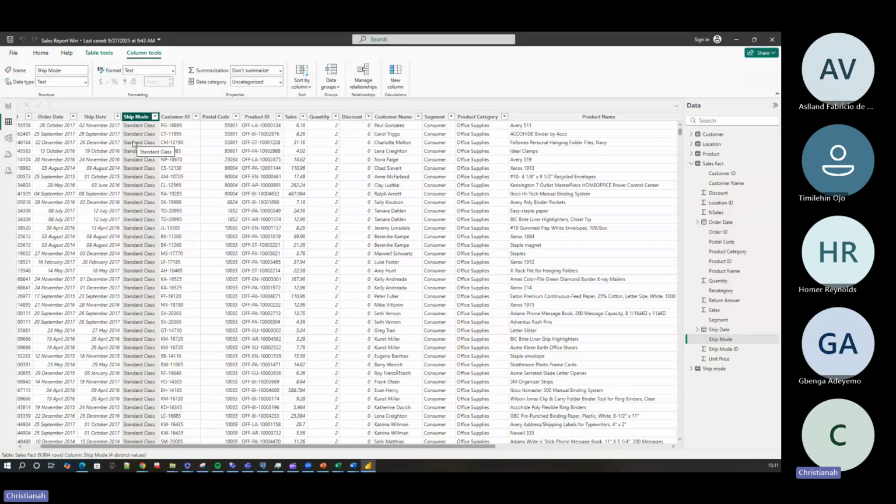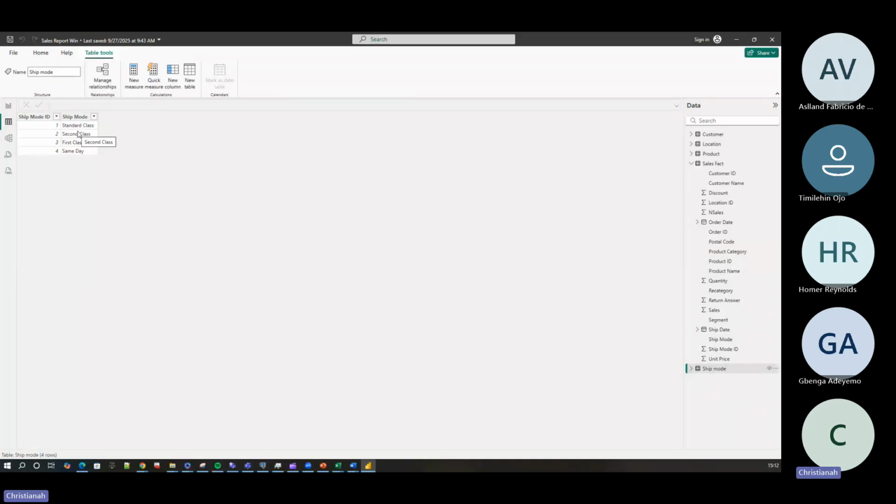That's why we said on the dimension table it has just one occurrence, but on the fact table it has many occurrences, because that's the transactional table. As we do the transactions, the table updates day to day, or depends on how the company is doing it, it updates itself. So on this fact table you have that many side of that ship mode. But when you go to the ship mode table, you can only find just a single occurrence of that ship mode.